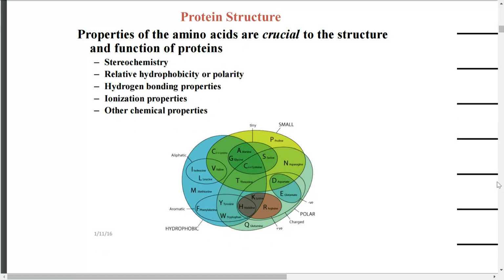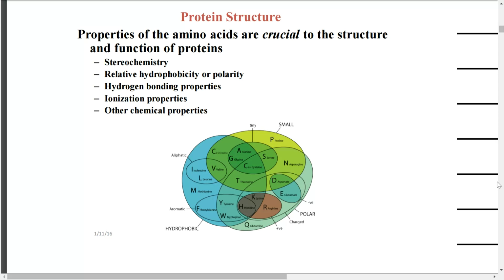Notice how this information was chunked and pulled together: we have hydrophobic amino acids, polar amino acids, small versus larger amino acids, and those that have aromatic rings. We can make a complex Venn diagram to understand how they might interact with each other to make the most energetically stable structure.